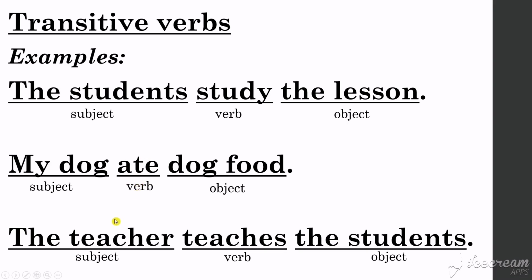Okay, last example. The teacher teaches the students. The subject, the teacher, and then the verb, teaches, and then comes right after it the object, which is the students. So where is the verb here?